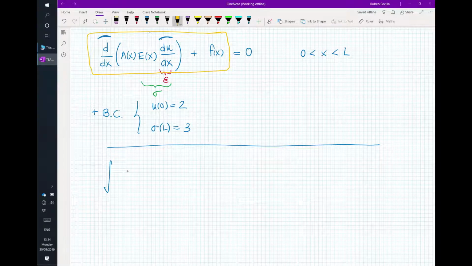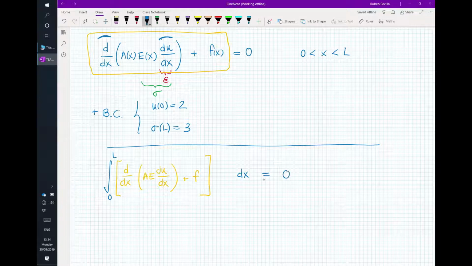So all this derivative here, A E du dx, plus f. Let's do this first, from 0 to L, and differential of x equals to 0.